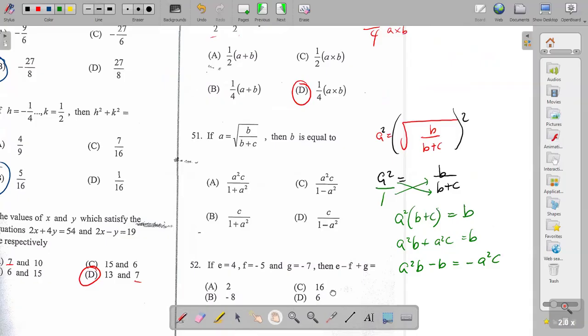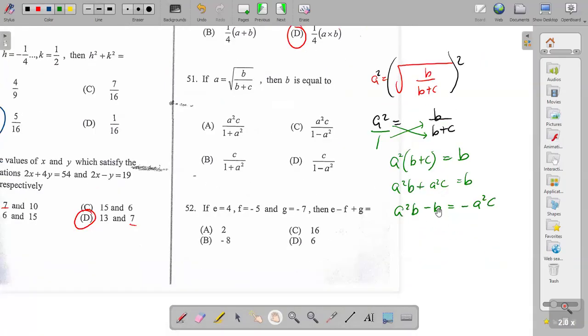Now, anytime you have something in two terms that you want, you factorize it out. So if we factor out B, we're going to be left with A squared minus 1, because divide by B, divide by B. Equal, you put back this, A squared C. Now we only want B, so this is multiplication, so we could divide by this whole bracket to cancel it out, and whatever you do on one side, you do on the other side.